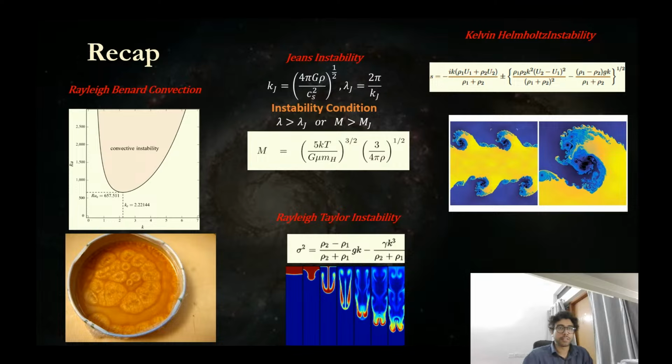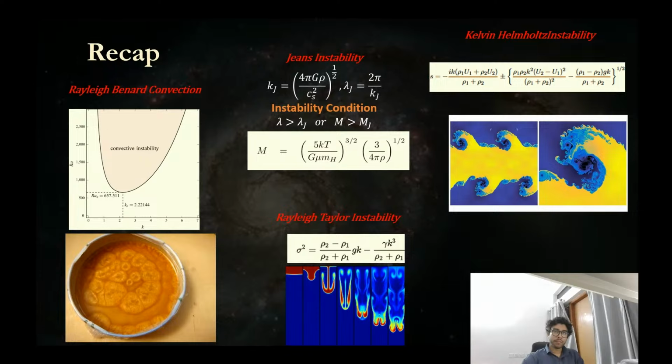So there is a fixed region of wave numbers which are unstable for a particular Rayleigh number. And we studied the condition for Rayleigh stability and Rayleigh instability in the previous lecture.